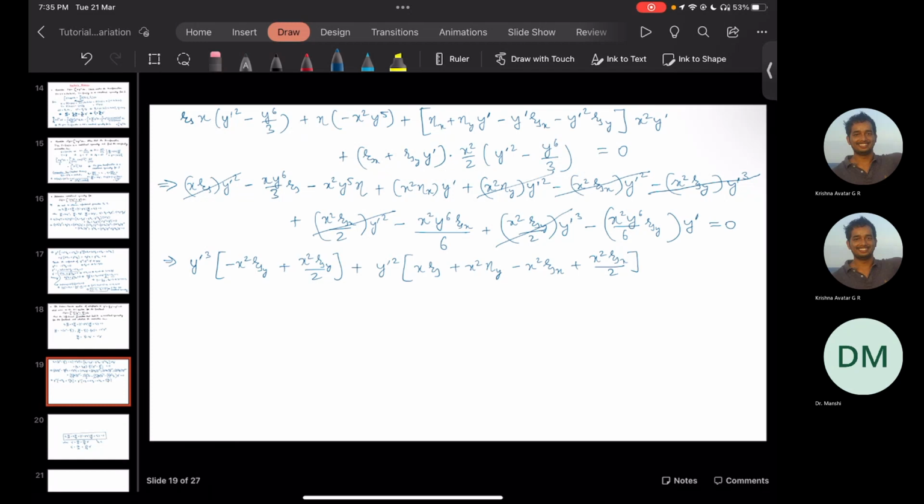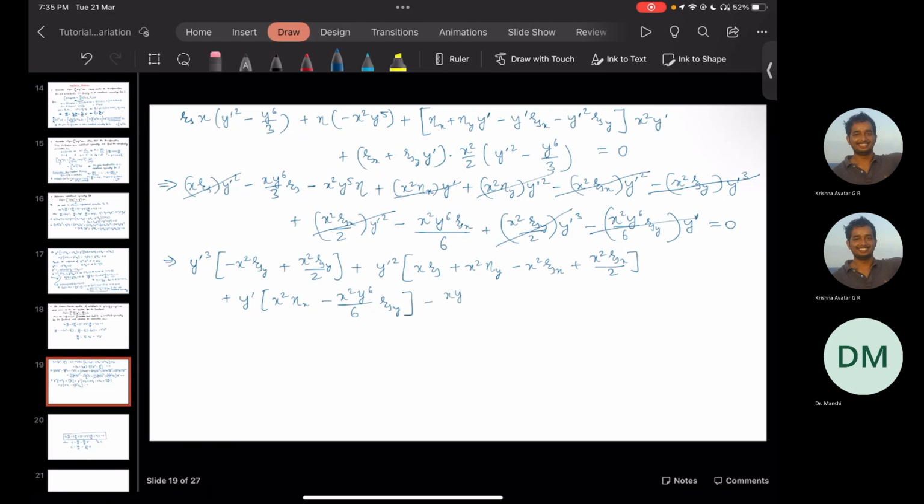And now for the y prime term, we have x squared eta x, and we have one more which is x squared y to the power 6 by 6 eta y. And how many terms do we have?